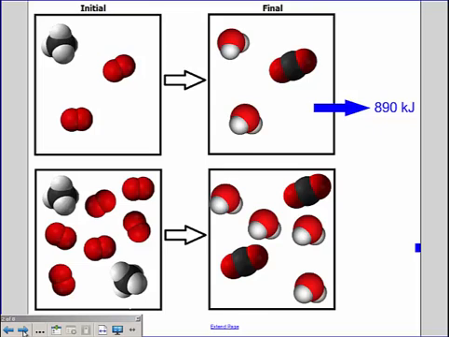We'll also have excess oxygen remaining, 2 moles worth. How much heat will be released? If twice as much reaction occurs, then twice as much heat will be released. So 1,780 kilojoules of heat would be released from this process.